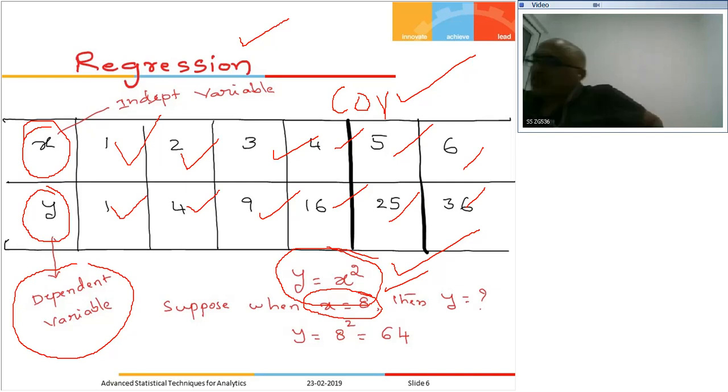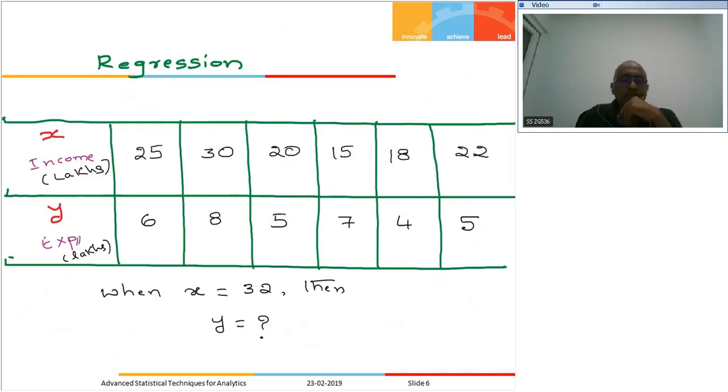I think it is very easy, right? So no difficulty. If not difficult, we'll try with one more problem.